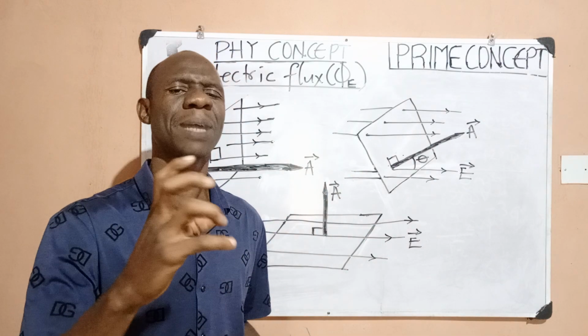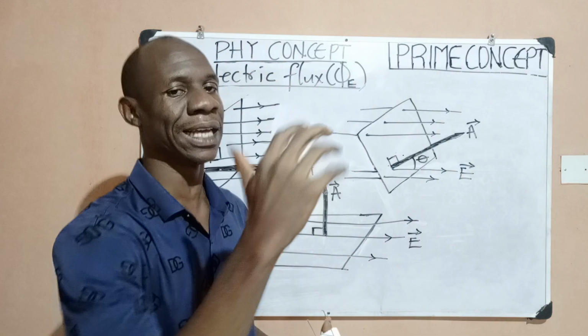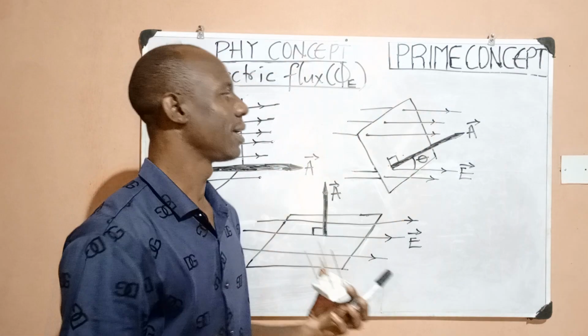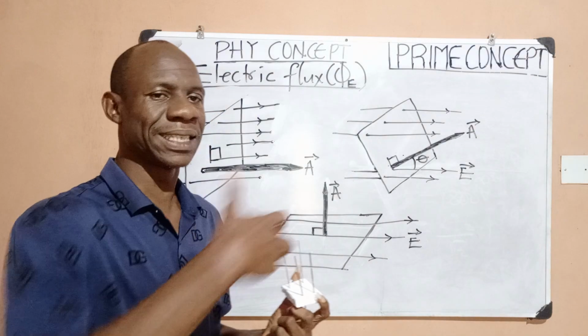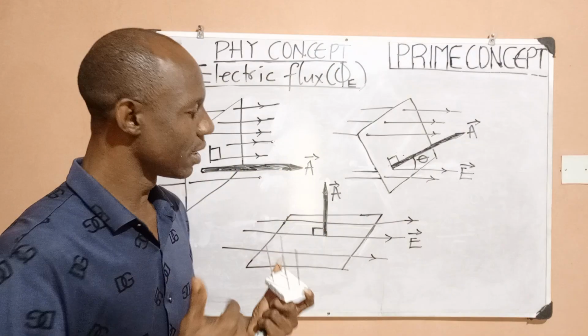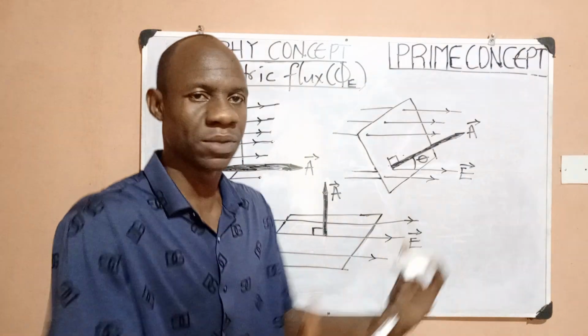So whenever we want to talk about electric field strength, we always try to use lines. I mentioned in my earlier videos that if we denote electric field with lines, where you have a lot of lines means you would have a stronger field around there.